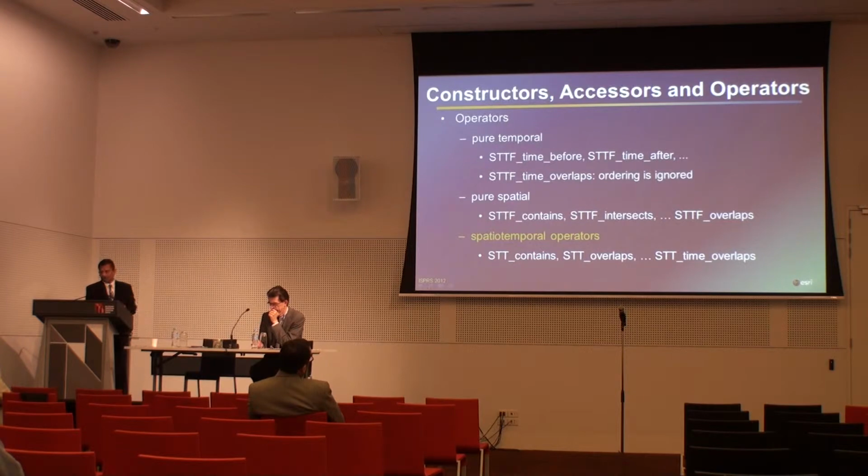For this implementation, I focus on the ST type overlap, which is the overlap of the spatial function and the overlap of the time function. Though you can have a lot of combinations, for example, ST contain and before, ST contain and after, ST contain and overlap, and so on.